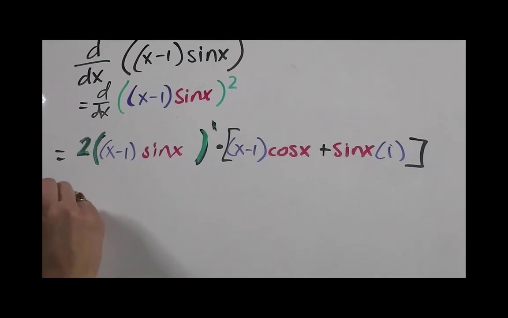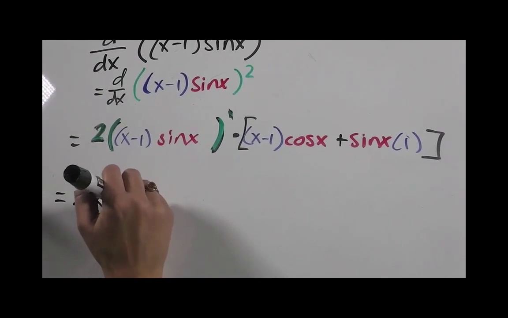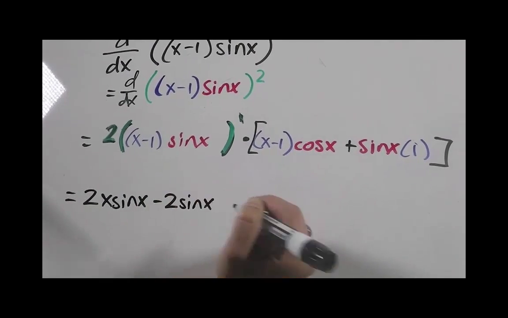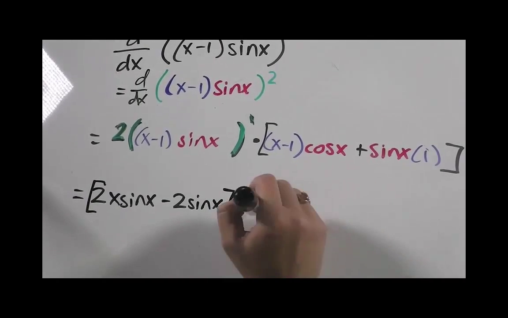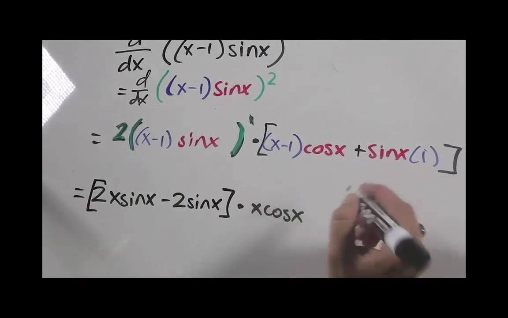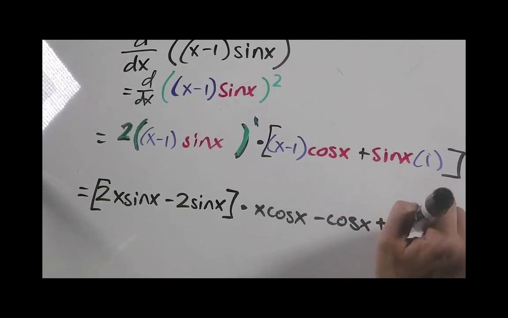And when we solve all that out, we'll get 2x sine x minus 2 sine x, all of that times x cosine x minus cosine x plus sine x.